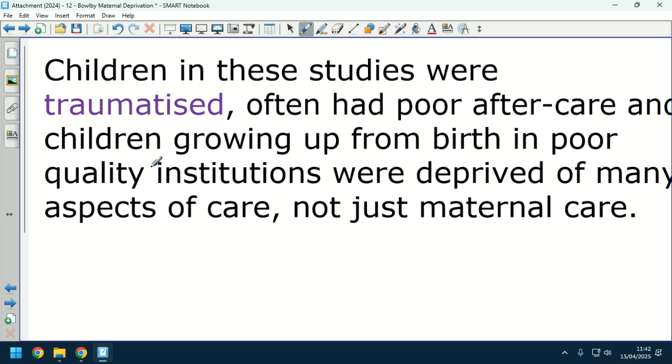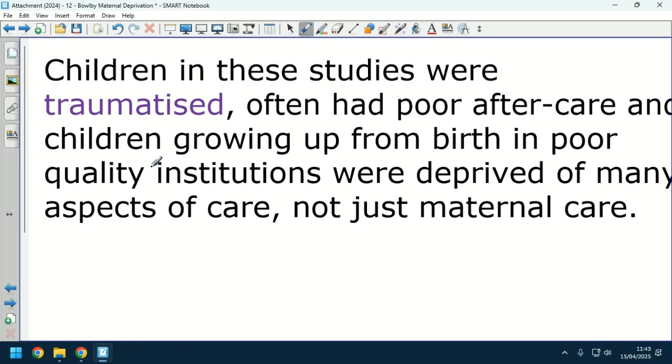So we have to argue that if Bowlby was looking at these 44 thieves and Goldfarb was looking at those children, the trauma could have been the reason why they were unable to develop normally. Poor aftercare and children growing up in poor quality institutions may actually be the reason why they were affectionless psychopaths or showing that emotional damage.